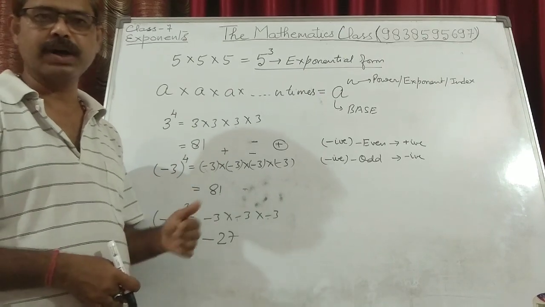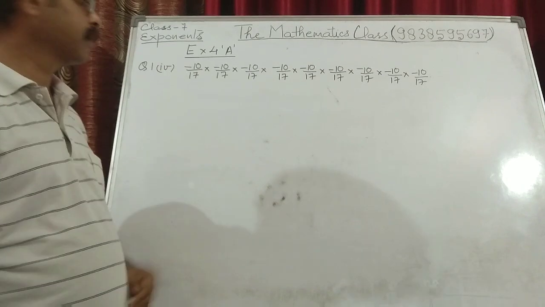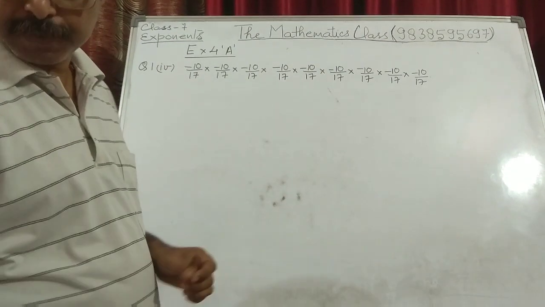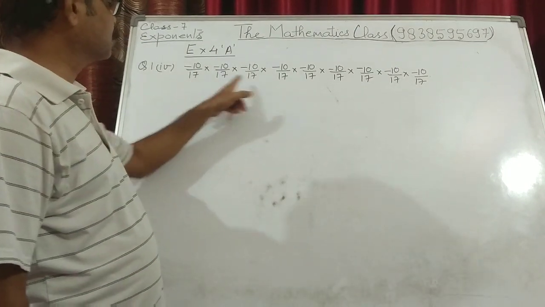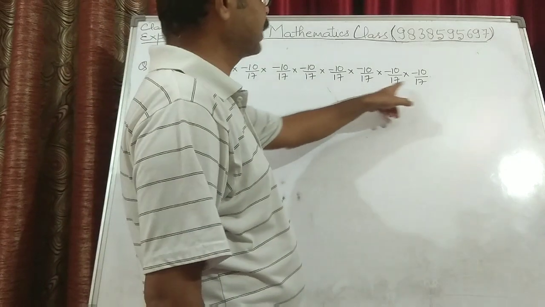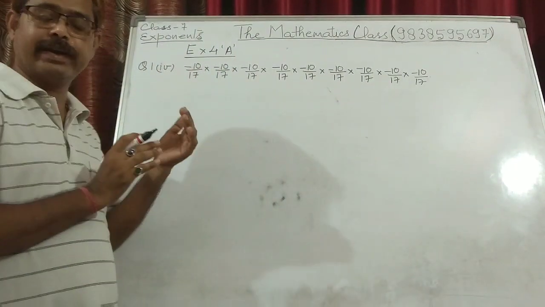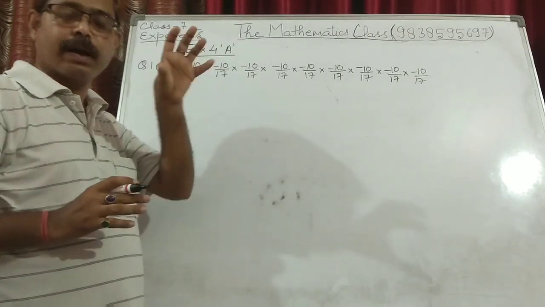Now we move on to the exercise. I have taken the first question and the last part. This first question reads, express each of the following in exponential form. You can see all the bases are the same. You have to write it in exponential form, which means you have to write it in the compressed form.